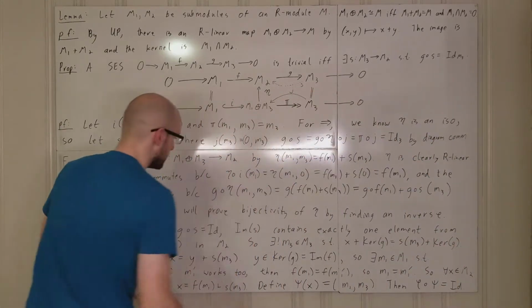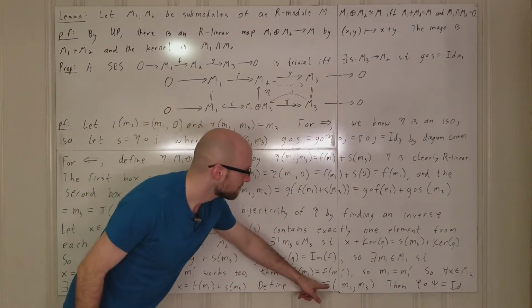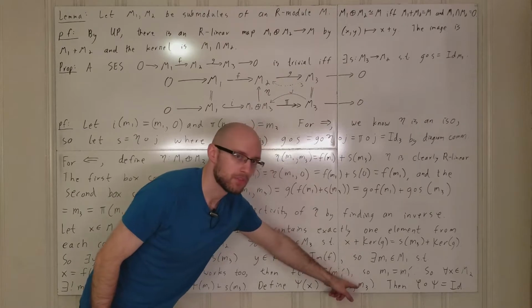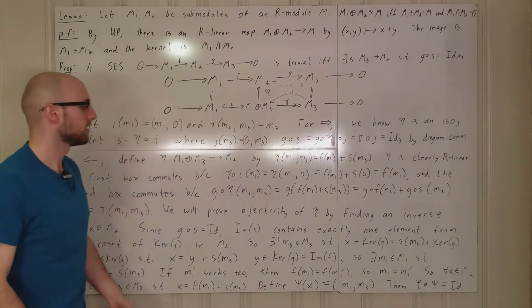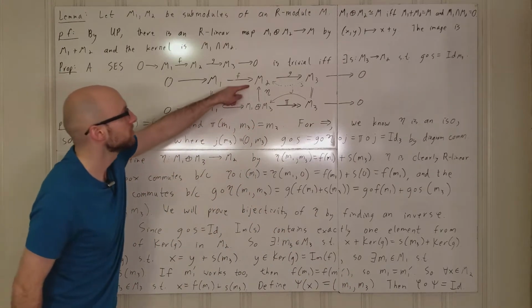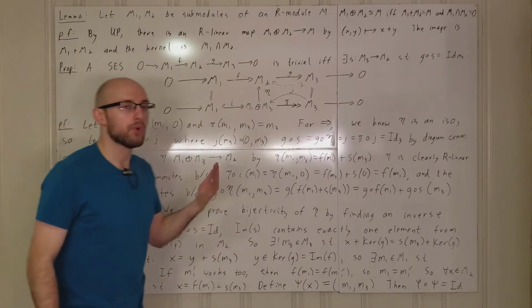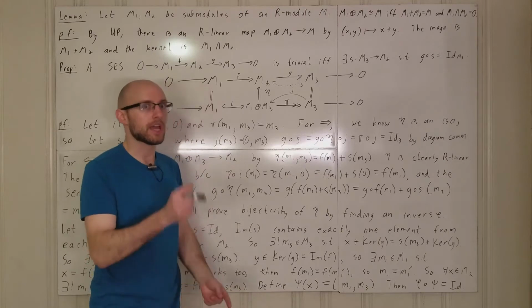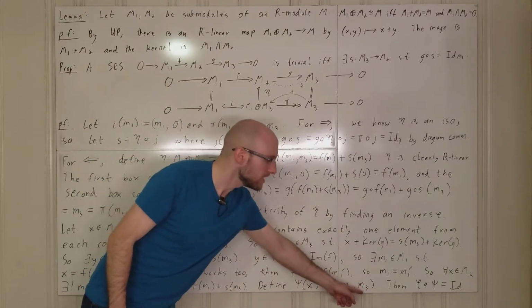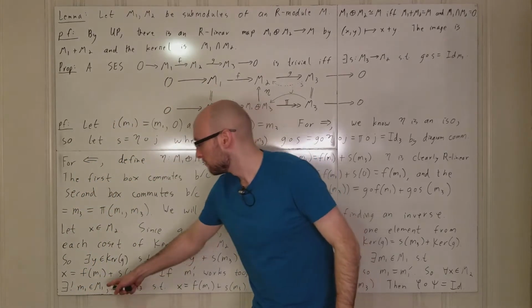Now define psi of x to be the ordered pair m1, m3. So this is a map that goes from M2 to the direct sum of M1 and M3. And this is a well-defined map because m1 and m3 are unique, as we proved.